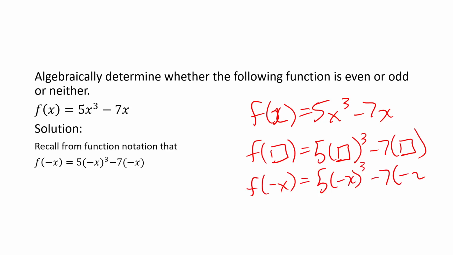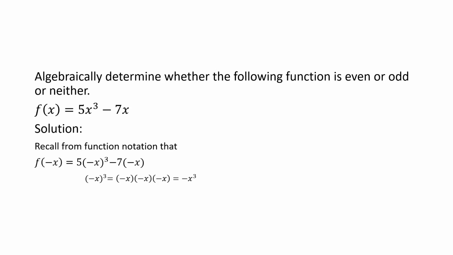And then I can simplify that expression. Now, negative x cubed is the same as negative x times negative x times negative x, which is negative x cubed. In other words, negative x quantity cubed is the same as negative x cubed. So I can plug in negative x cubed for negative x quantity cubed right here.